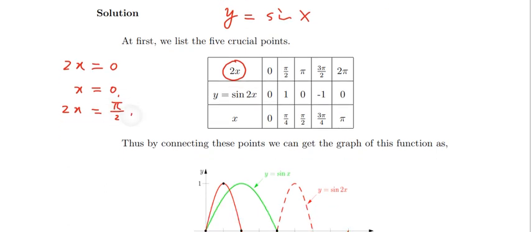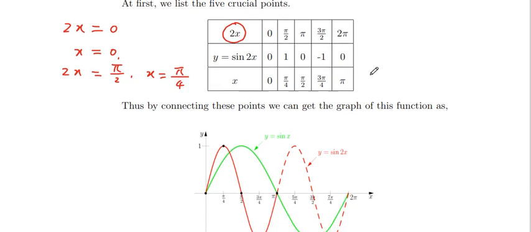We just need to solve this equation. Pi over 2 divided by 2 becomes pi over 4. So we just take half of them, divided by 2.